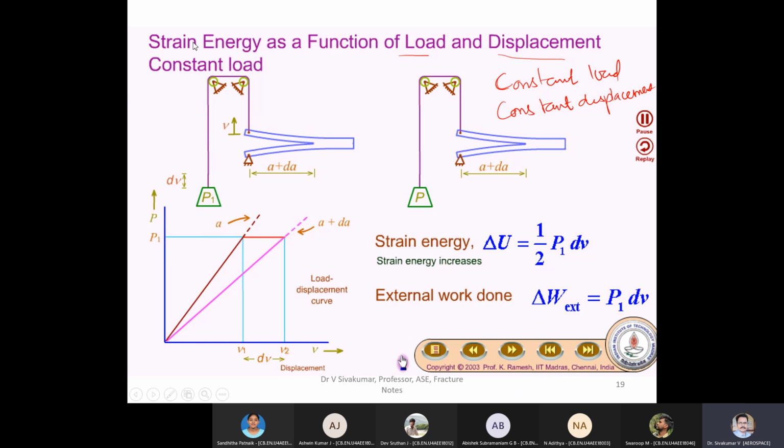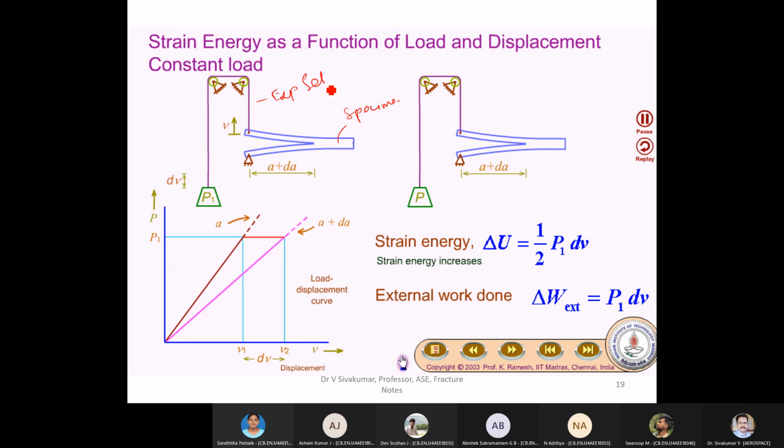So let us see the first case, constant load. Here, this is the specimen. This is the experimental setup.